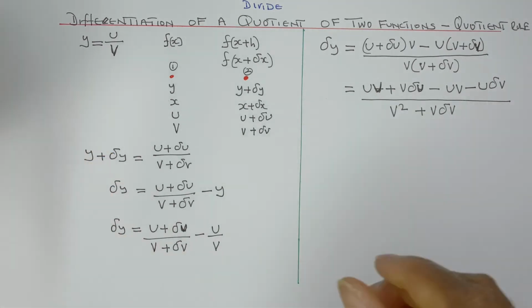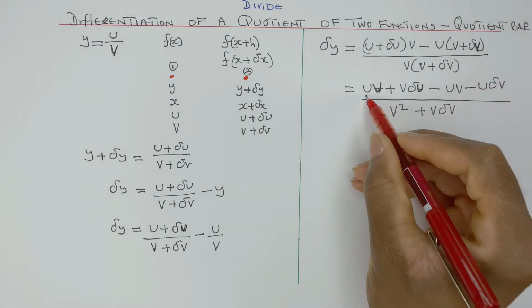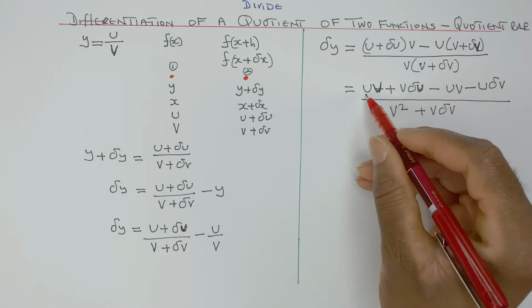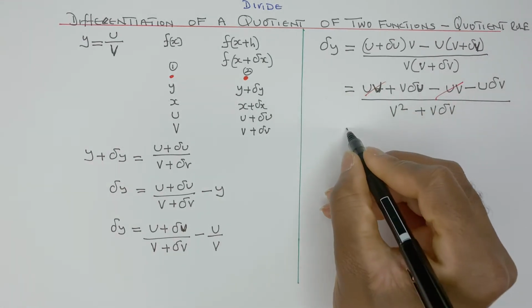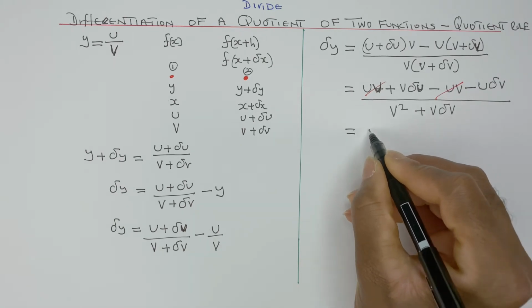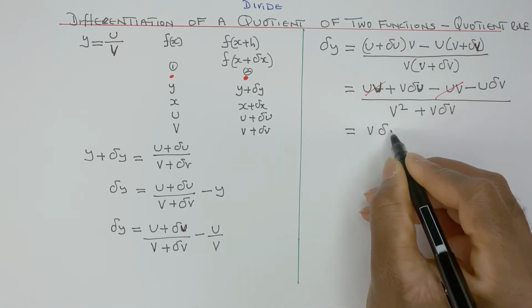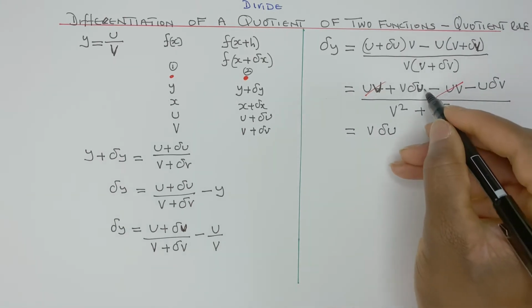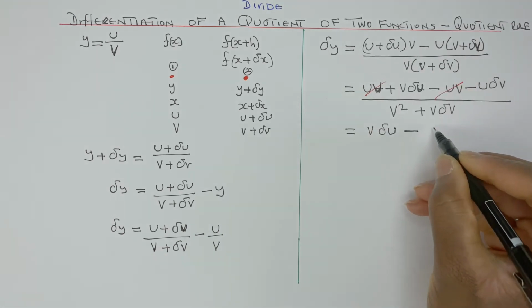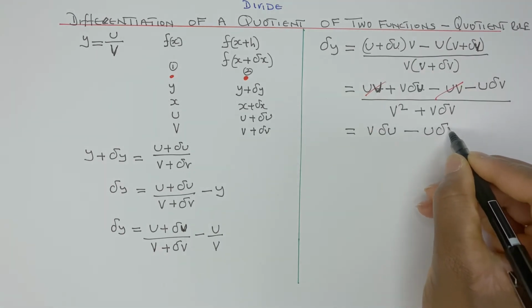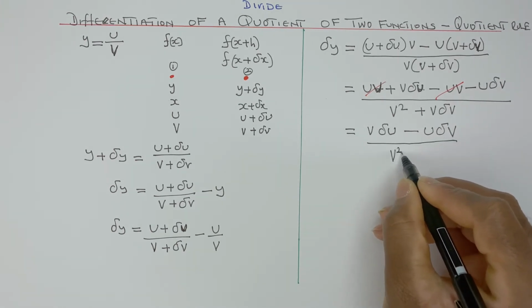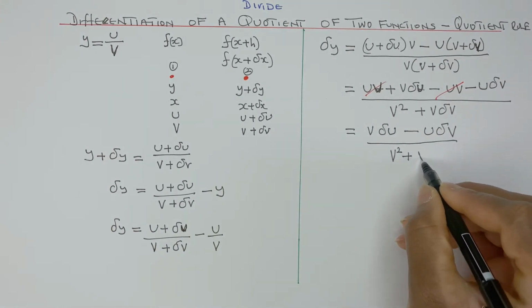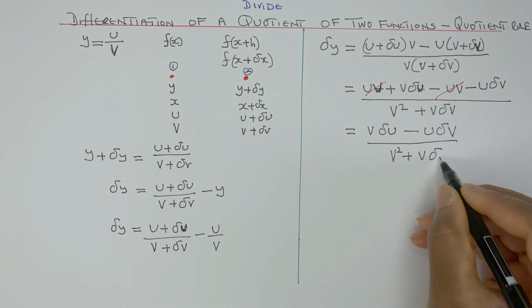Well, we need to first of all cancel out uv minus uv. So now we have left v delta u minus u delta v over v squared plus v delta v.